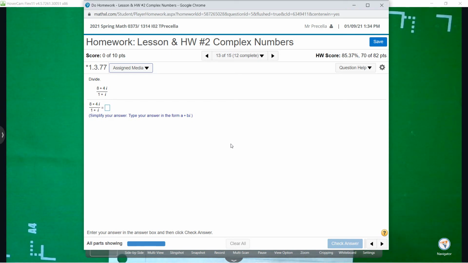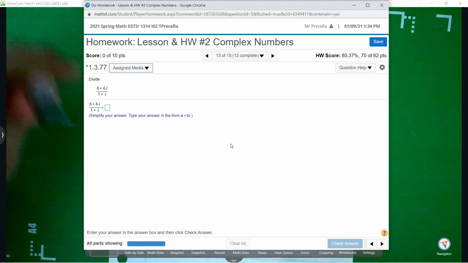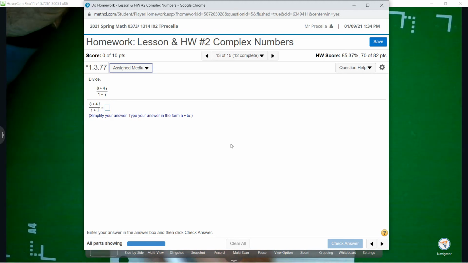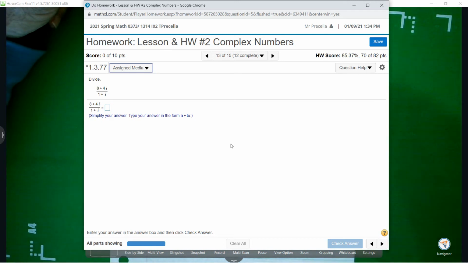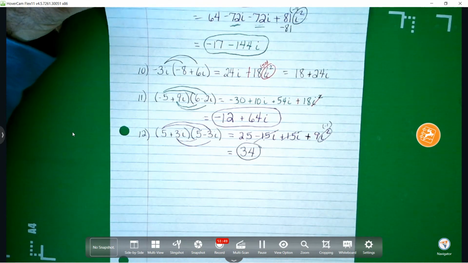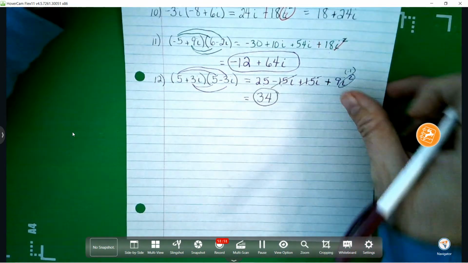When we talk about division of complex numbers, we don't mean long division. It's written as a fraction: 8 plus 4i divided by 1 plus i. That's what we mean by divide. But before we do that, I need to give you a little terminology.